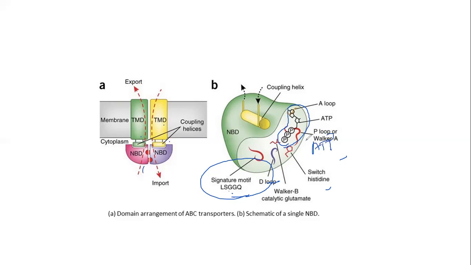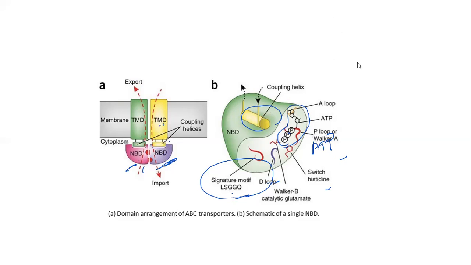ATP binds in the NBD here, so what happens? There is a conformational change which makes the TMDs come together. That is why we have coupled it with the NBD. So when ATP binds in the NBD, there is a change in the NBD which brings out the change in the TMD, eventually resulting in the opening of the ABC transporter.